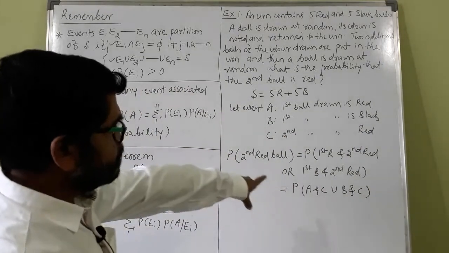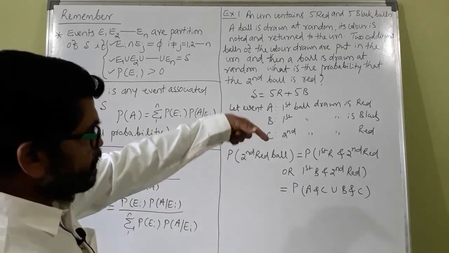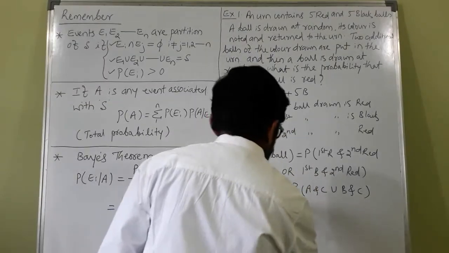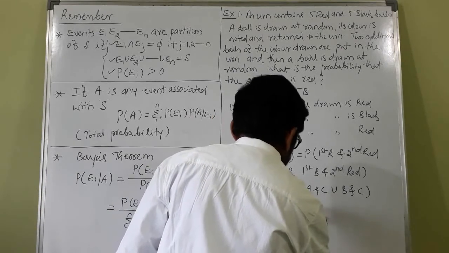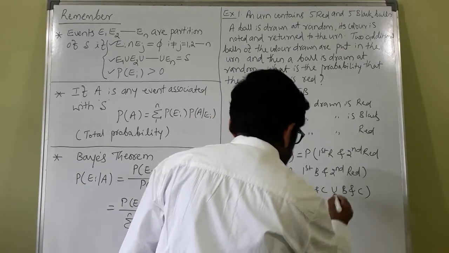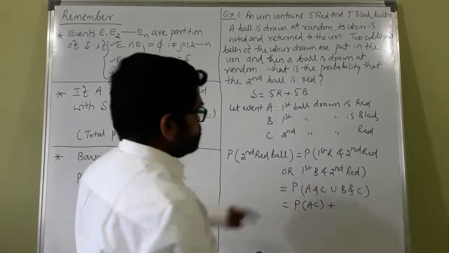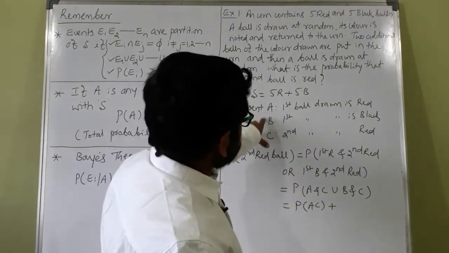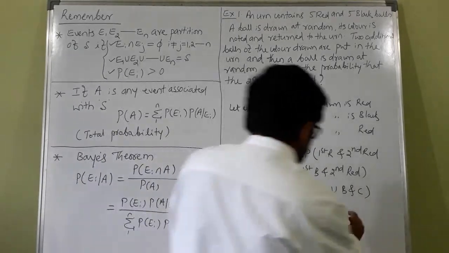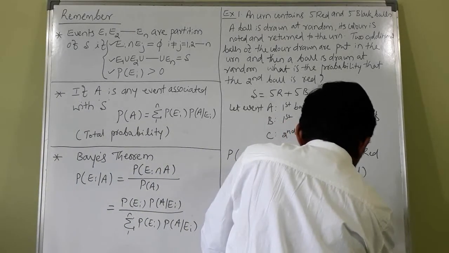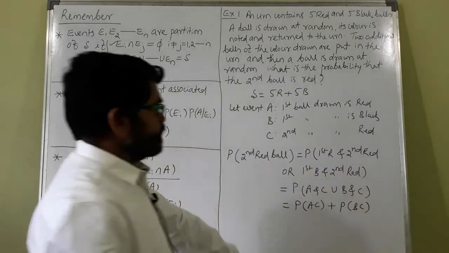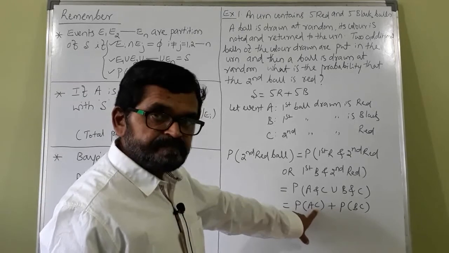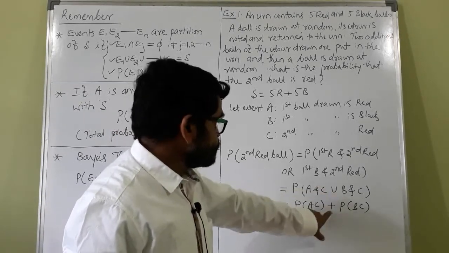So the required probability reduces to probability of A intersection C, union probability of B intersection C. Union means plus, since these two are mutually exclusive. AC and BC, and means intersection, union means plus.